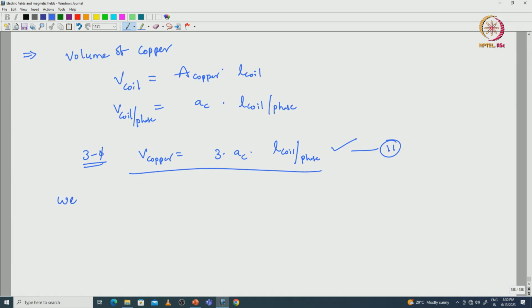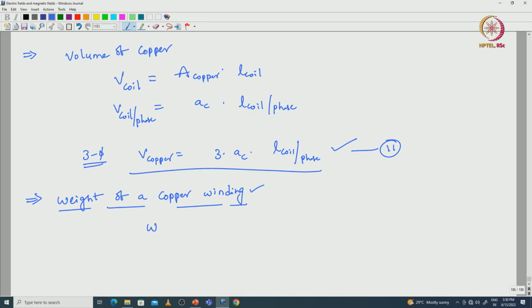Then once we know the volume, we can find the weight of the copper winding. At the end we have to see the torque to weight ratio, power to weight ratio and everything. So first we have to see the weight of the copper winding, next the weight of the stator core, then the weight of the rotor core, iron material, and the weight of the rotor winding. All those things we have to add, and that is the total weight of the complete machine.